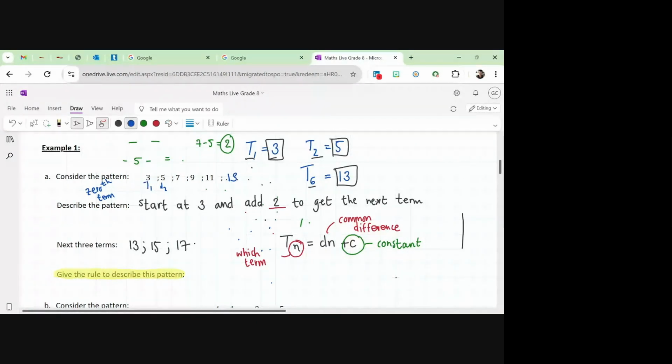Are you in agreement with me? That is T1. Our first term is 3. And our second term, T2, is 5, right? If I were to move backwards, I would be at the 0th term. I would be at T0. What would T0 be? It'll be 1, ma'am. 1, correct.